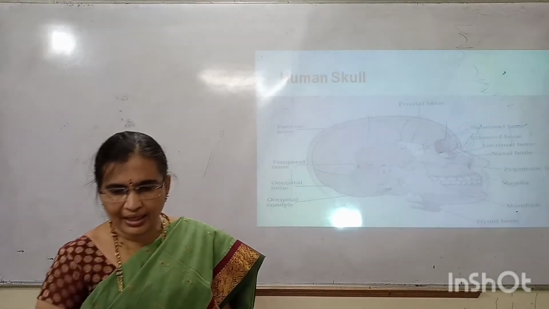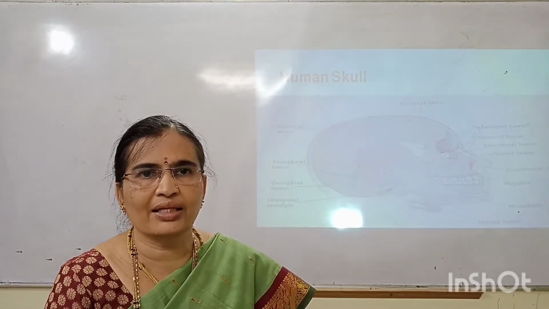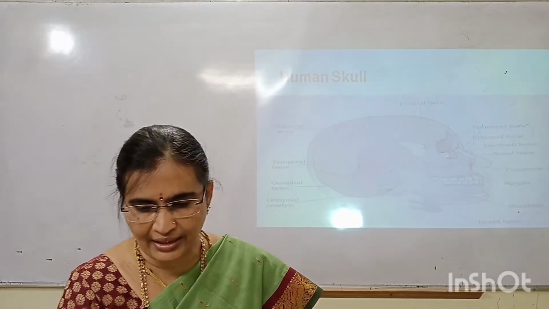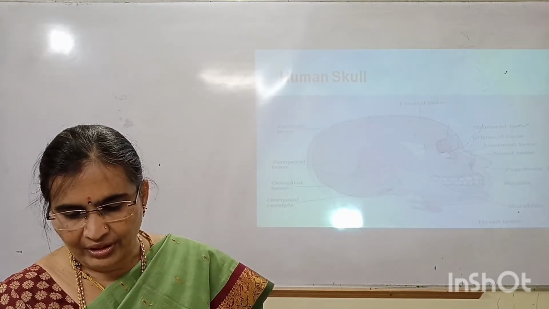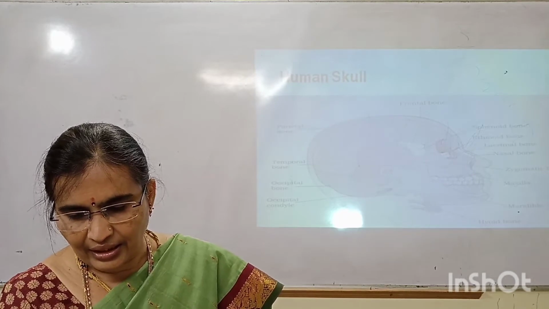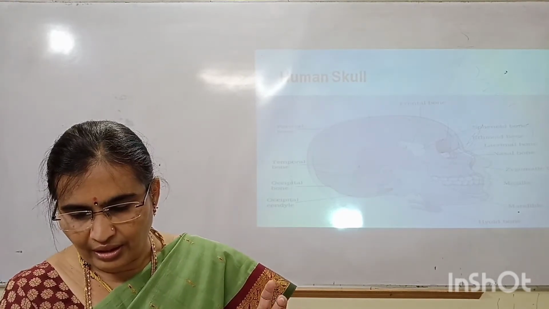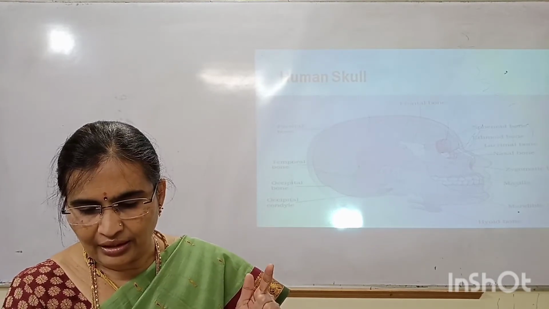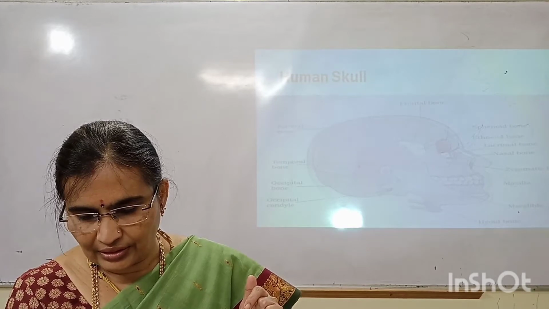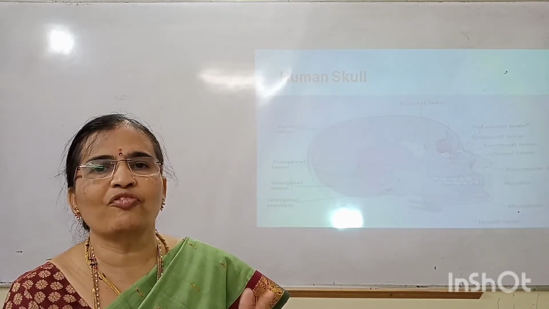Now, how many bones are there in the cranium? A total of 8 bones. Which are they? The cranial bones: parietal, ethmoid, sphenoid, temporal, occipital and frontal.